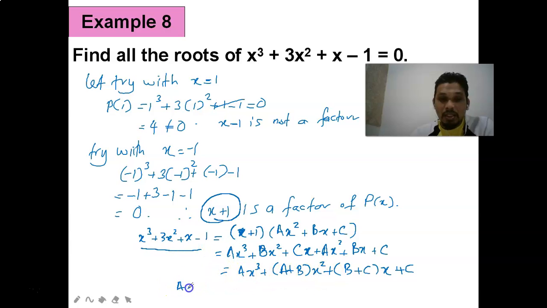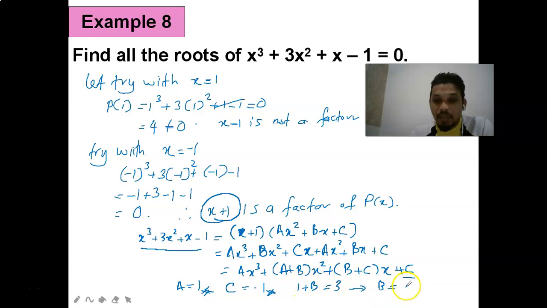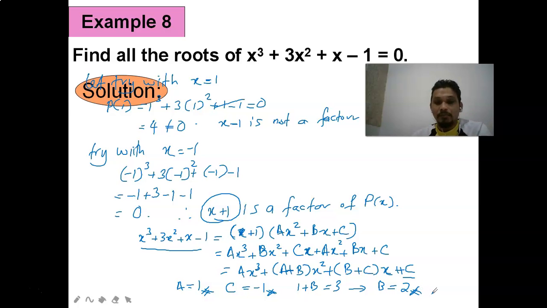So a equal to 1. c equal to negative 1. And what about b? Okay, a plus b equal to 3, where a equal to 1. So 1 plus b equal to 3. So then here b equal to 3 minus 1 equal to 2.